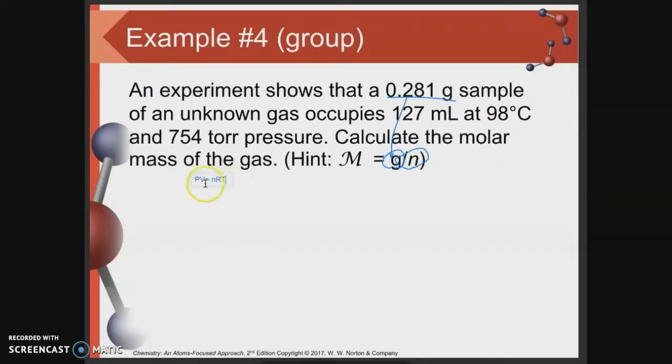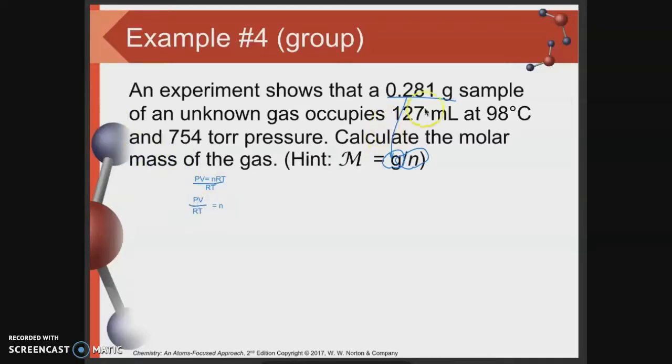Well, in this case, we're trying to find n, so we're going to do a little bit of maneuvering. We're going to divide each side by RT to get n by itself. And so rearranged, PV over RT is going to be equal to n.